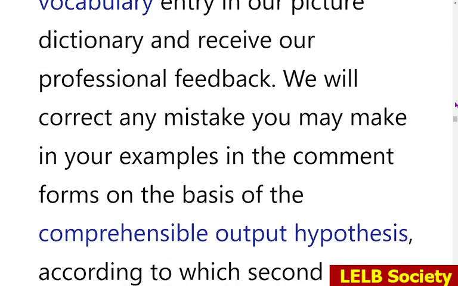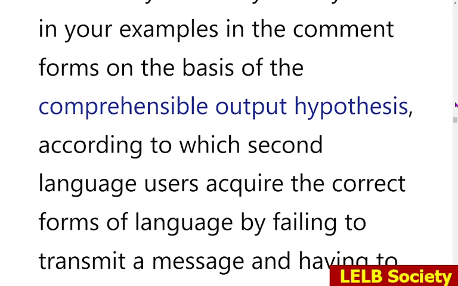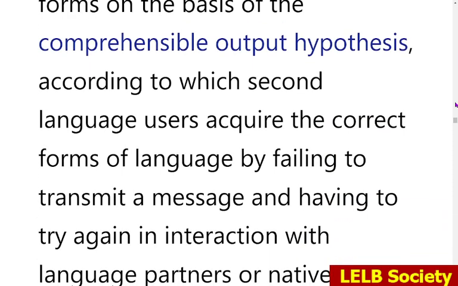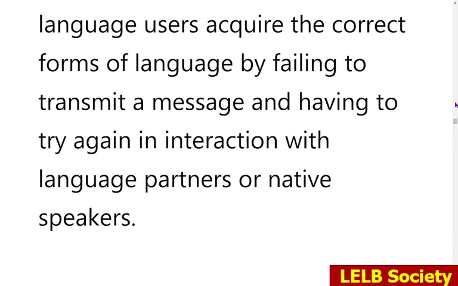We will correct any mistakes you may make in your examples in the comment forms on the basis of the comprehensible output hypothesis, according to which second language users acquire the correct forms of language by failing to transmit a message and having to try again in interaction with language partners and native speakers, so they can learn language by using it and making some mistakes, trying to learn from their mistakes.